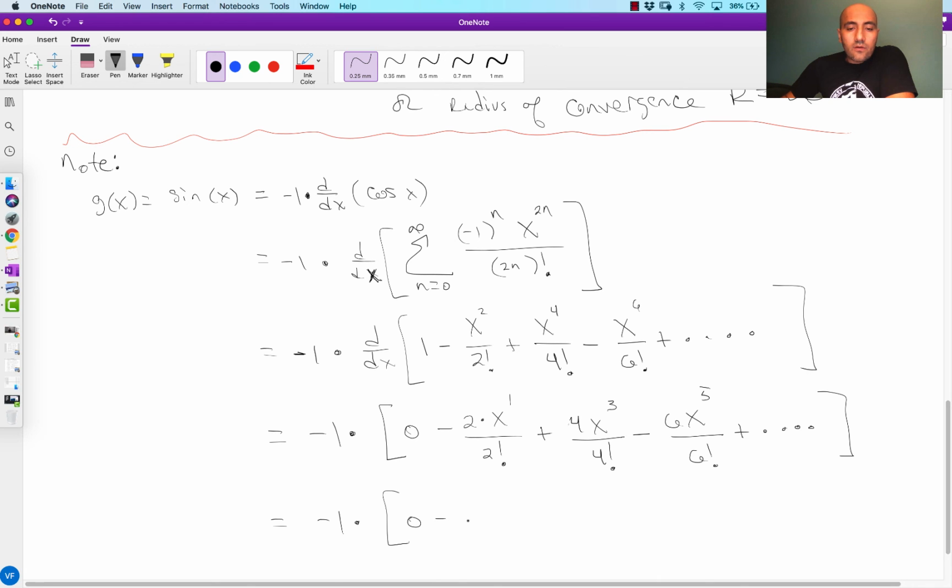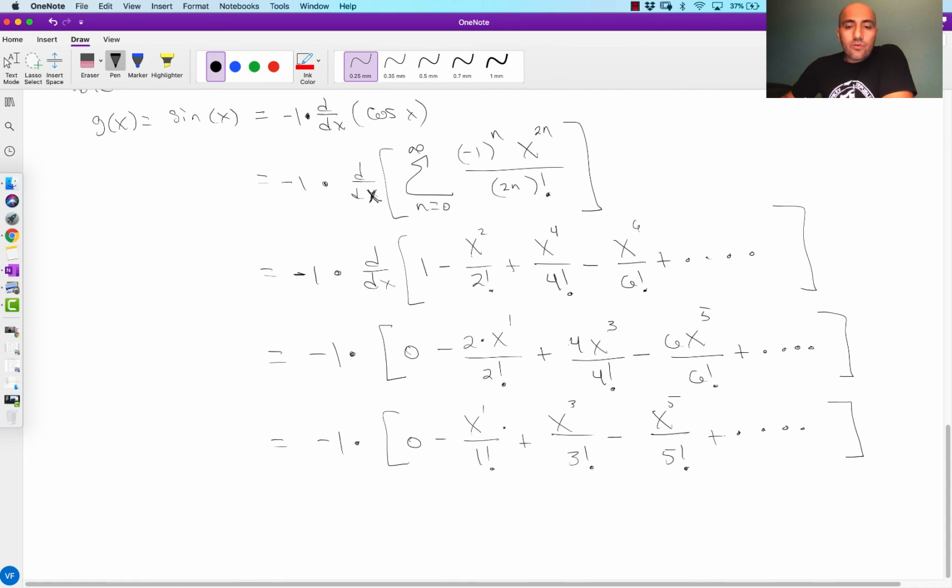It would be 0 minus x to the first power over 1 factorial plus x to the third power over 3 factorial minus x to the fifth power over 5 factorial plus dot, dot, dot. Okay, and then we can distribute this minus across. It's going to change all those signs. Of course, that's just a 0, so let's get rid of it.